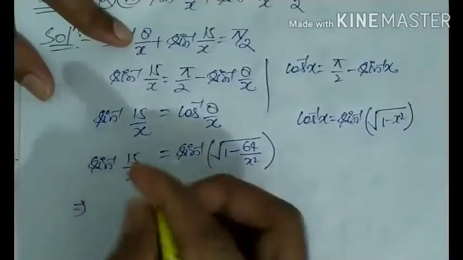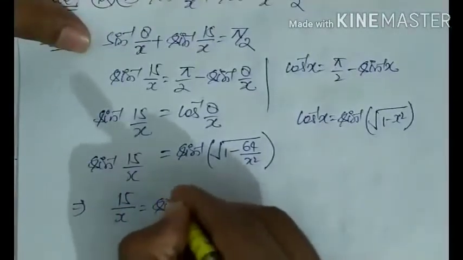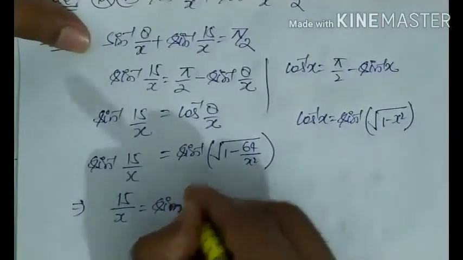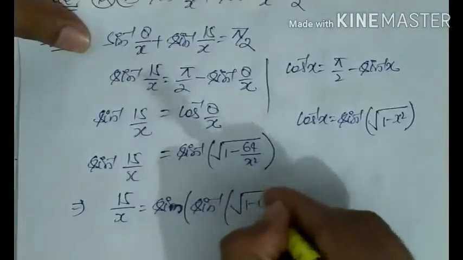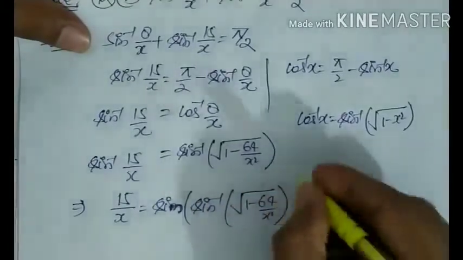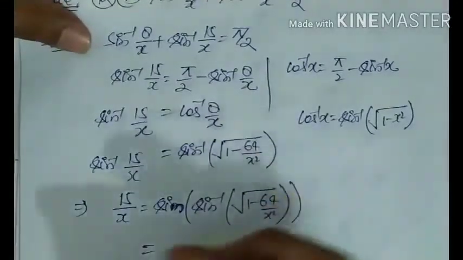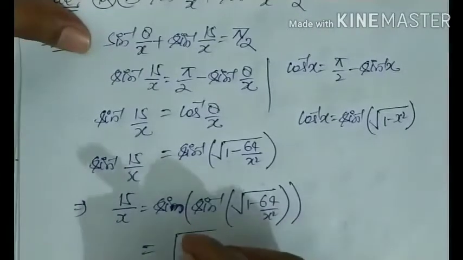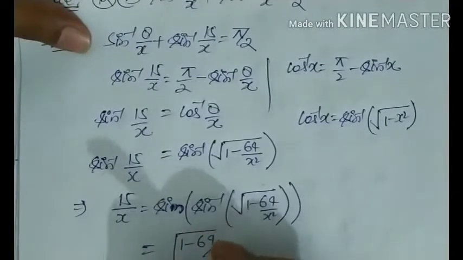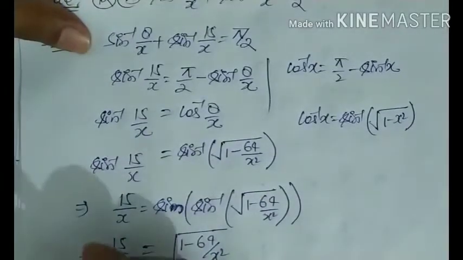Now I'm going to take sin to the right side, then it will be 15 upon x equals sin of sin inverse under root 1 minus 64 upon x square. Sin of sin inverse something will be something, so root over 1 minus 64 upon x square equals 15 upon x.